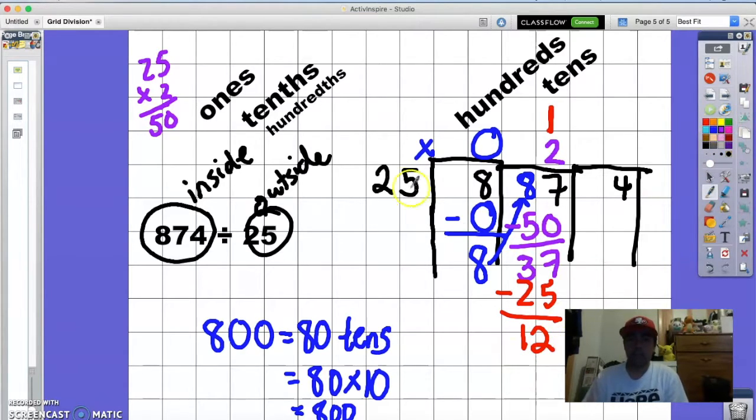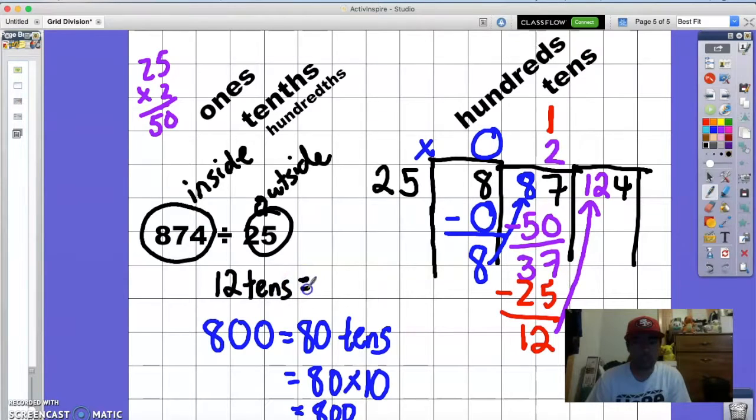And now I know that 25 is too big for 12, so I can't do any more in the tens column. But now I can say, let me move these 12 tens over here. So here's another statement that I'm making while doing that. 12 tens, which is basically 120, is the same thing as 120.